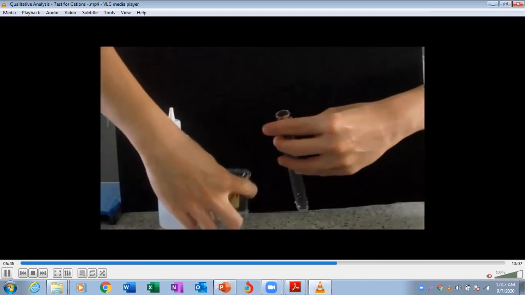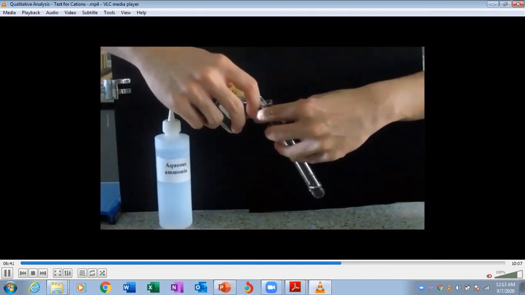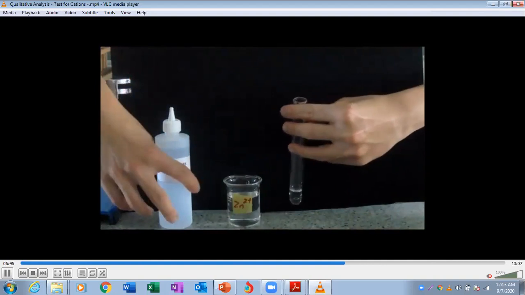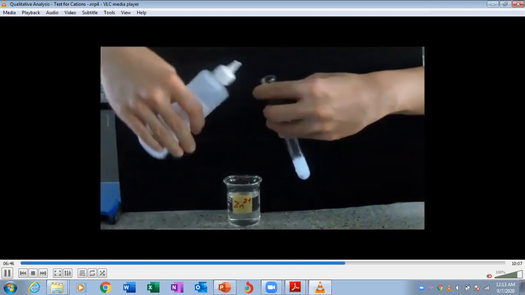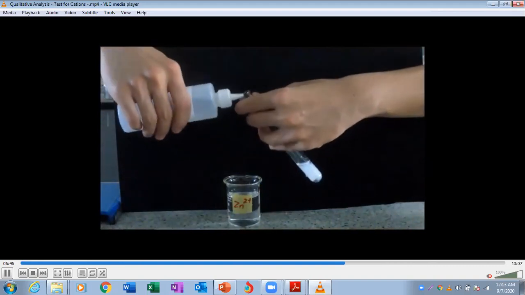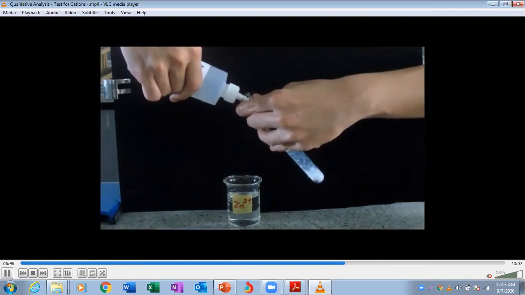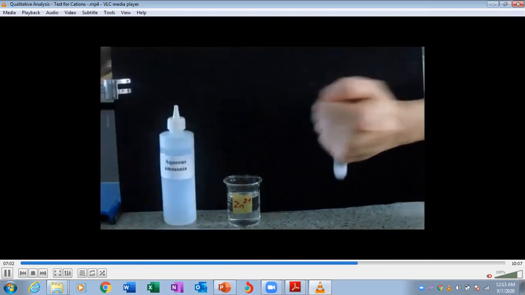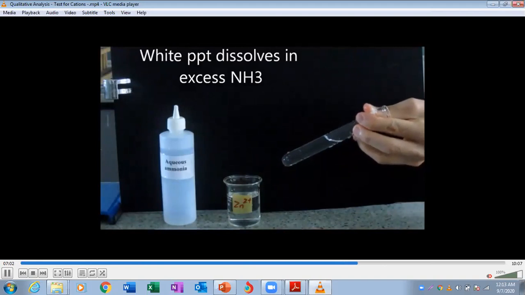Now in the case of zinc, we are adding aqueous ammonia. Again the white precipitate. Adding some more aqueous ammonia, still, okay, the white precipitate has been dissolved.